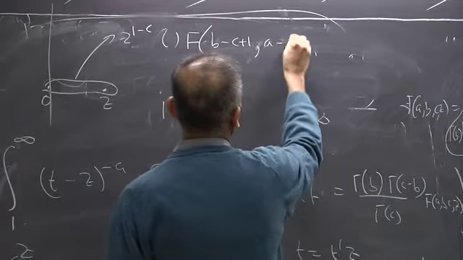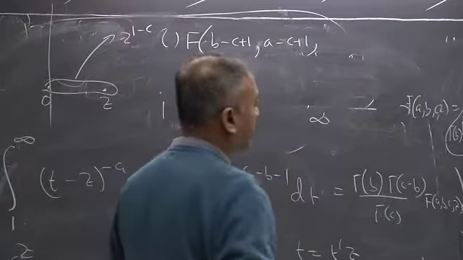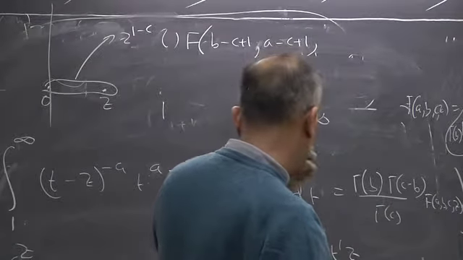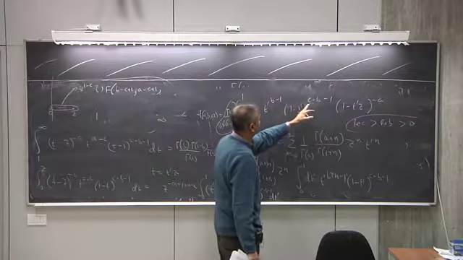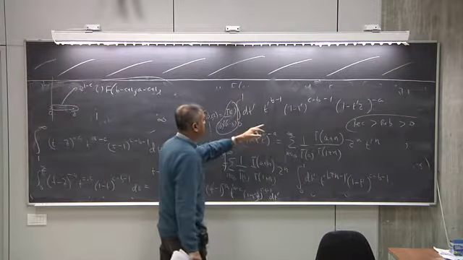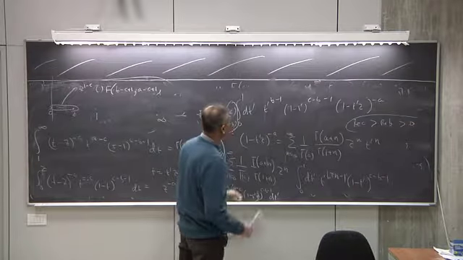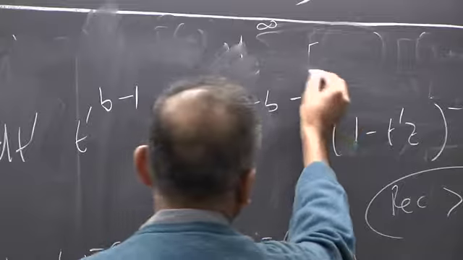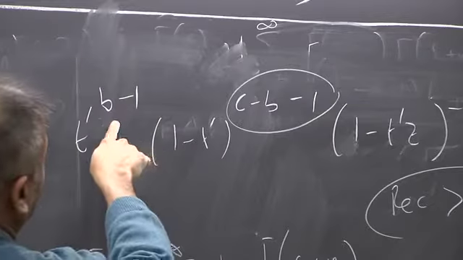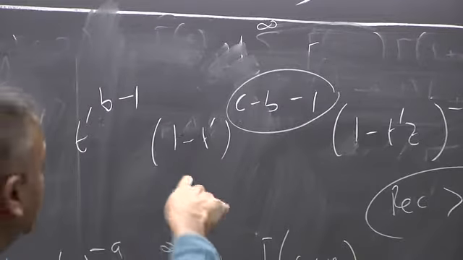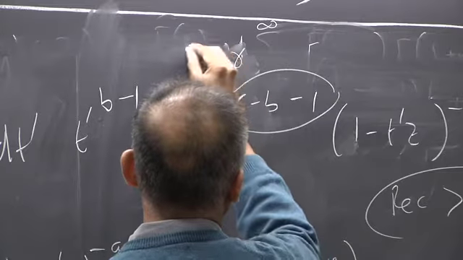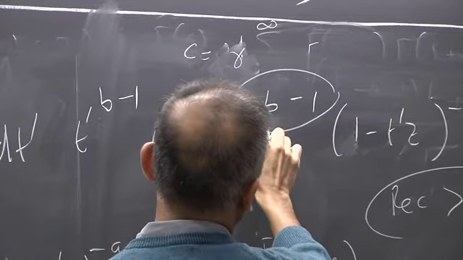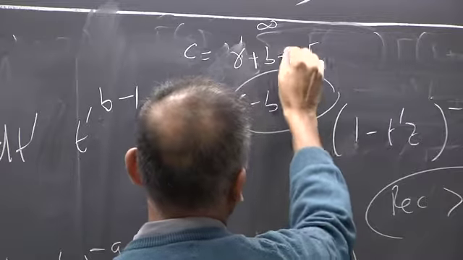So a minus c plus 1. And then finally, the c is obtained by looking at this power, right? So c is this power. I don't know if I call this power gamma, then c is equal to gamma plus b plus 1, right?